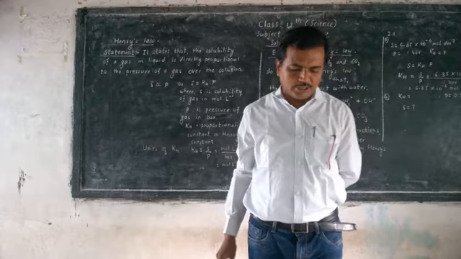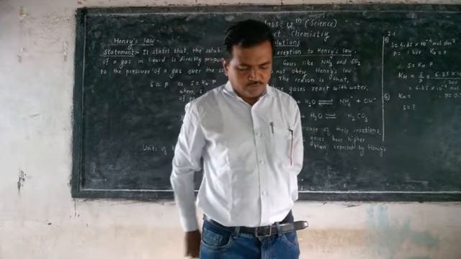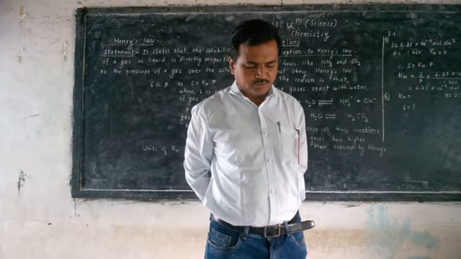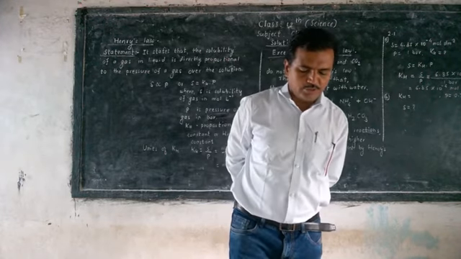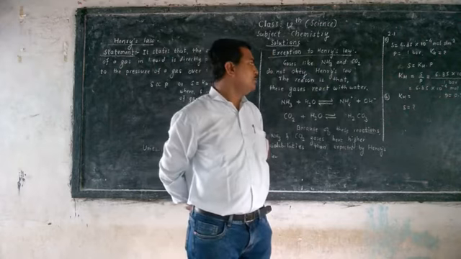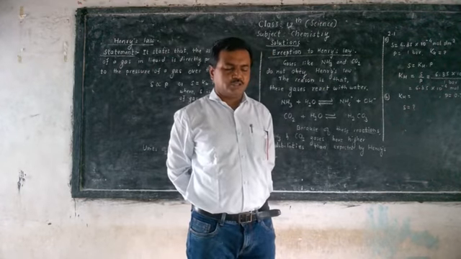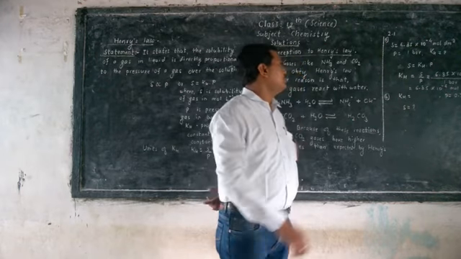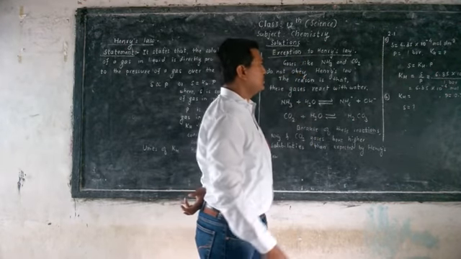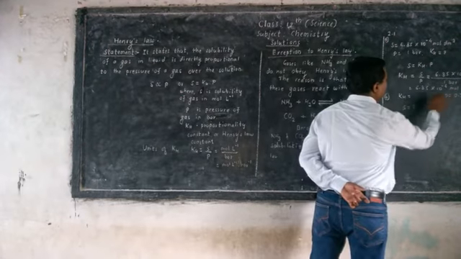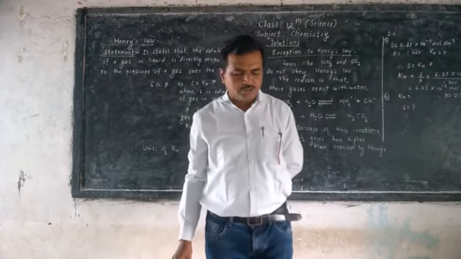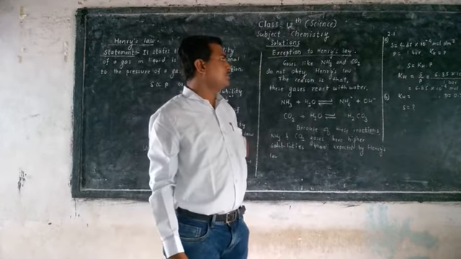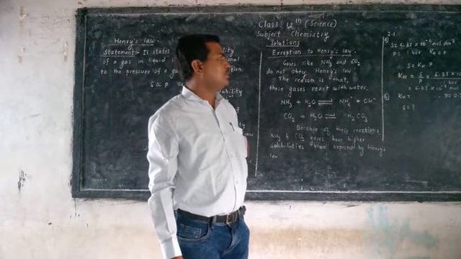Then from that we have to find out the molarity of nitrogen gas dissolved in water. Molarity of gas means here we have to find solubility. We have to find S from this Henry's law constant. So when pressure is given 0.75 bar, pressure of nitrogen is 0.75 bar.